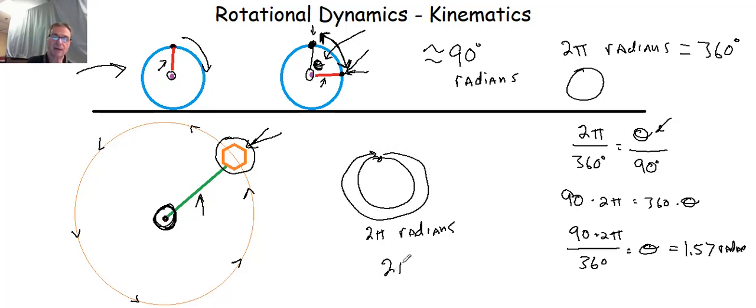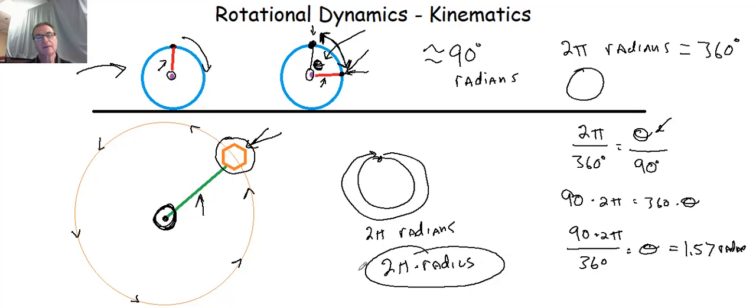It's 2 pi times the radius of the circle, right? That's what will give me the circumference of the circle. Well, if I want to know any part of the arc length, which is sometimes denoted as x, sometimes denoted as s, I can get that with the relationship that 2 pi times r is equal to x or is equal to s.